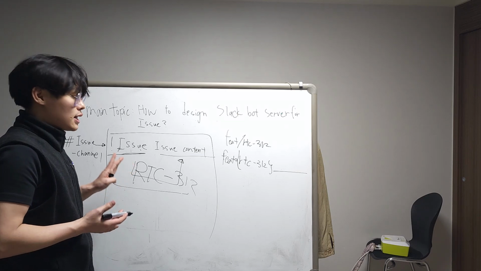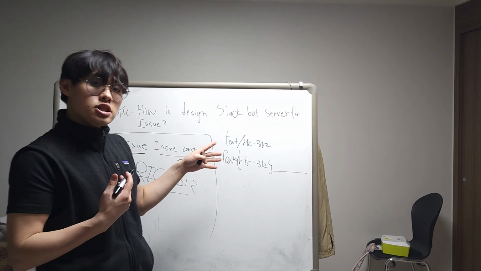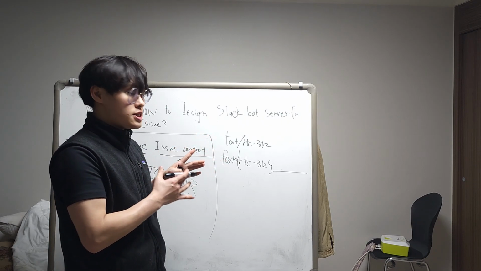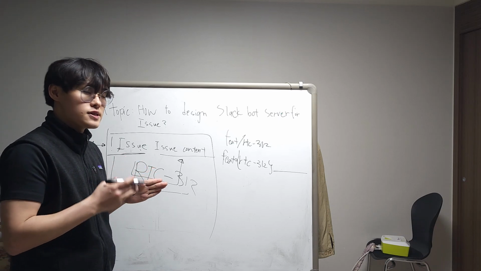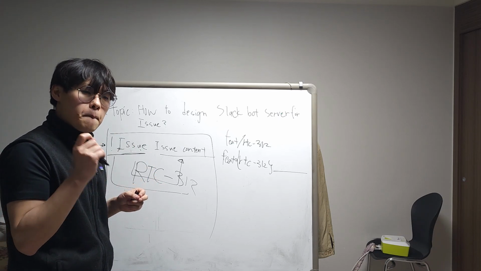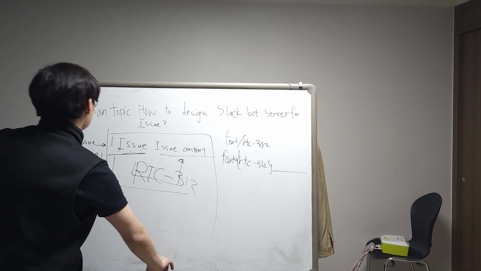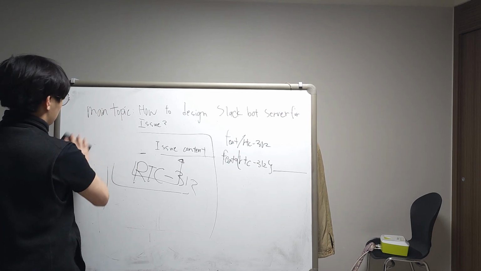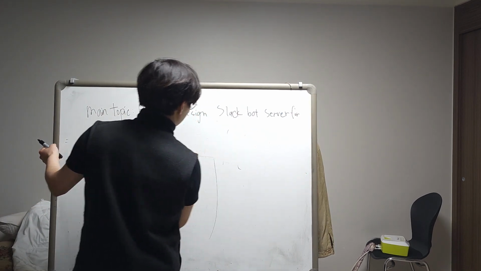The Slack bot handles this, and what the engineer has to care about is just the root of it, and that is the core of the system. That is why we need this kind of system, because it makes the development process even faster. So that was the introduction on why we need a Slack bot server.